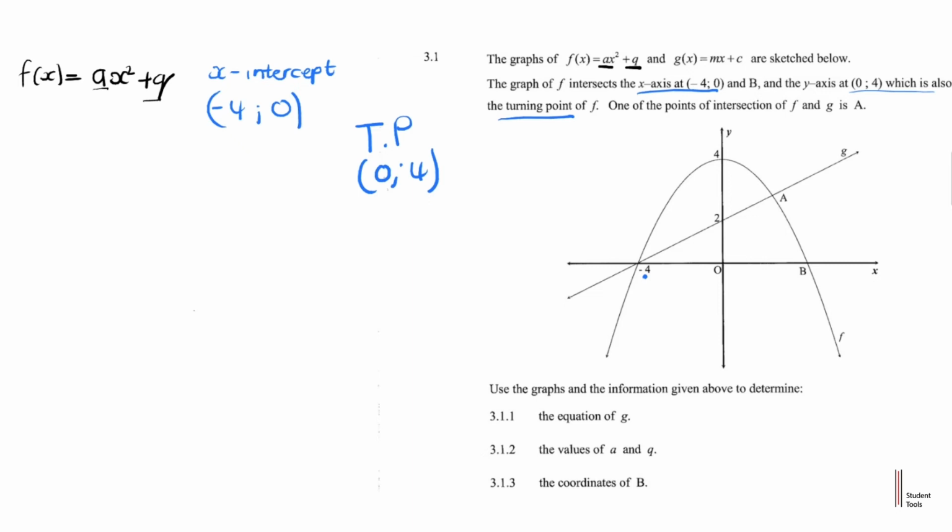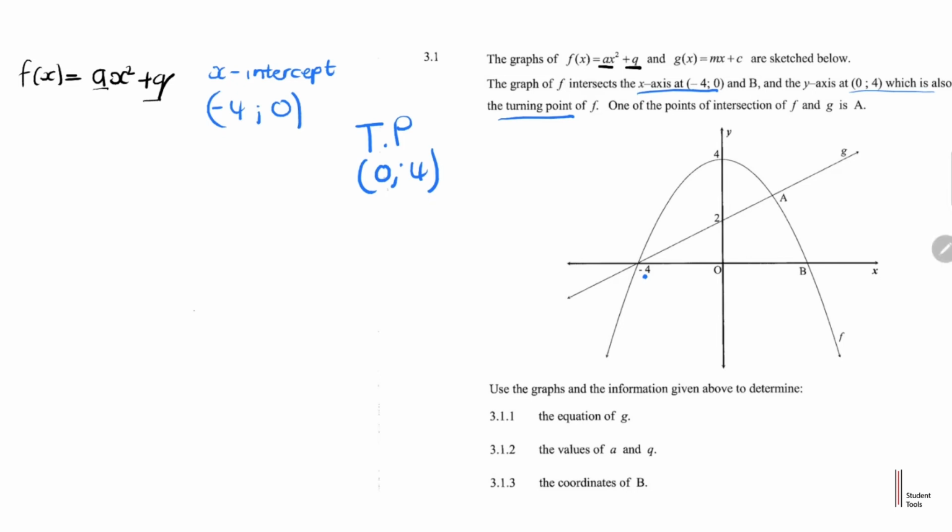Alright, we can find the function of a parabola using two methods. One method is when we are given the two x-intercepts, and the other method is when we are given the turning point. But here we are given one x-intercept. So that means the only method we can use is the one where we are given the turning point. So we will use the formula which requires the turning point. So what's that formula?